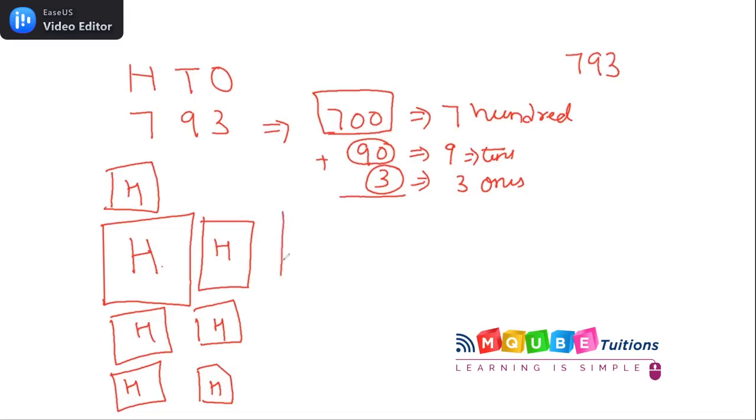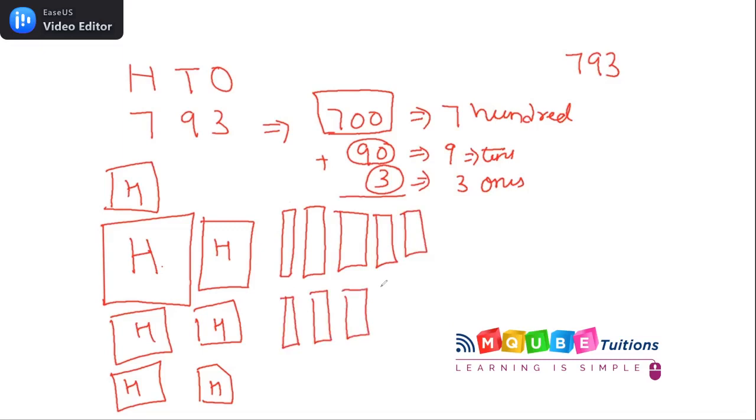Very good. 9 tens I should draw. Excellent. So it's 90 because it has 9 tens. Exactly. And how many ones should I draw? 3. Very good. So these are the smaller ones, isn't it?